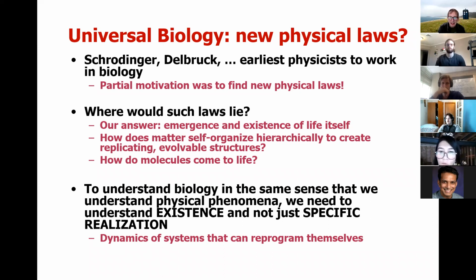Now, when we're talking about living systems, what is the sort of essential feature of a living system that defines what it does? And I'm going to argue that the real question, the real kind of new law of physics that emerges when we're looking at living systems is that matter can, for reasons that we don't really understand, self-organize hierarchically to create replicating and evolvable structures.